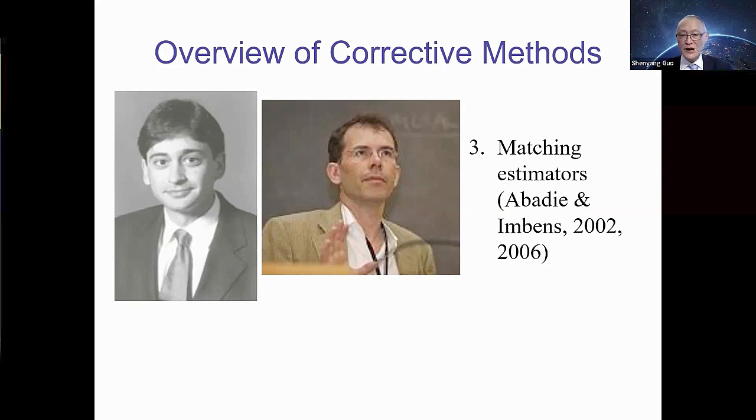One is observed, one is potential, unobserved. For a treated case, the observed outcome is the outcome under the condition of receiving treatment. And there is also a potential outcome: what would have happened to the treated case had he or she not used the treatment, under the control condition?